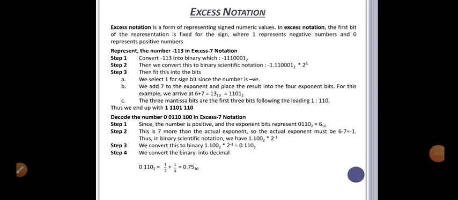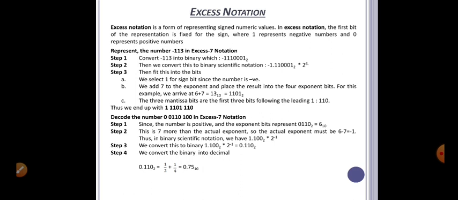Before explaining how we find excess notation, let me tell you what excess notation is. Excess notation is a form of representing signed numeric values. In excess notation, the first bit of the representation is fixed for the sign, where 1 represents a negative number and 0 represents a positive number.